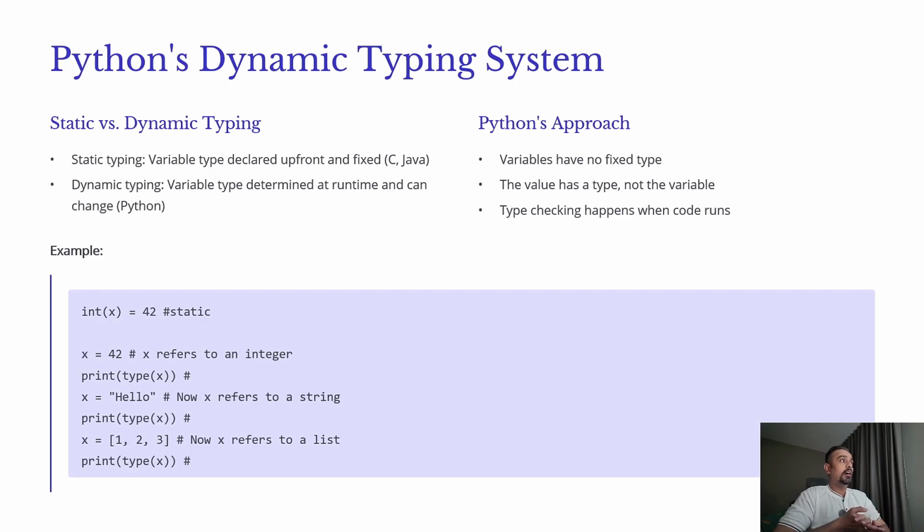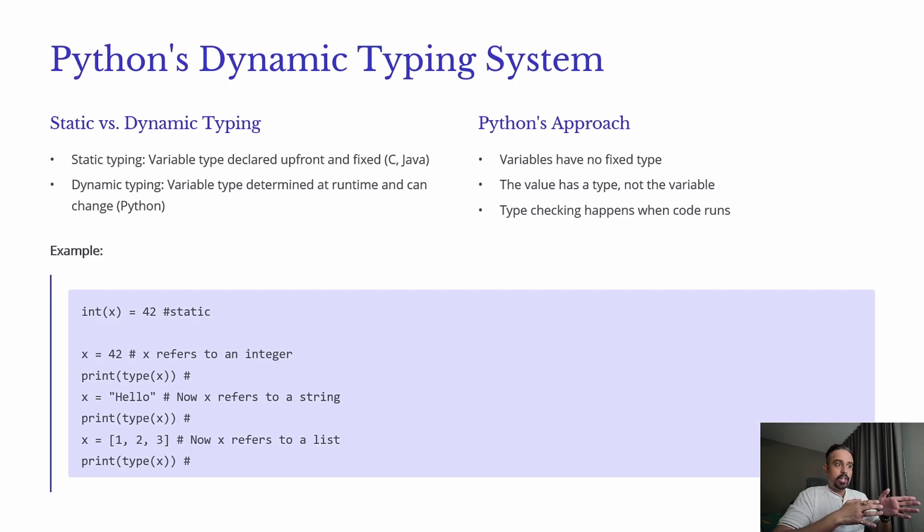Usually when you define a variable in C language, for example, you will say integer x is equal to 42. You are defining it with the data type itself. Now, if you want to save a string value in that x, it is not going to change. Here comes Python, which uses dynamic typing, which means you don't have to declare variable types.